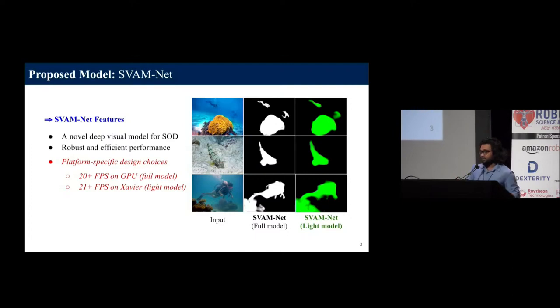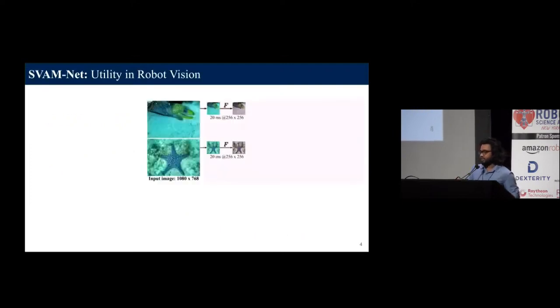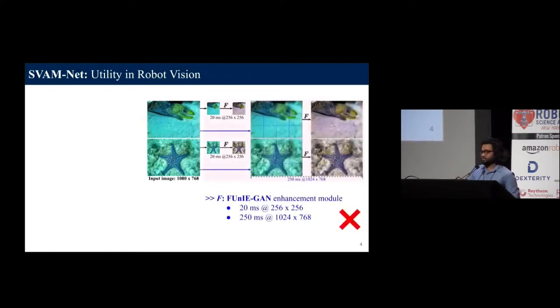Our full model runs at 20 frames per second on a 1080 GPU, and the light model runs at 20 frames per second on Jetson Xavier. Here's an example of how we can use SVAMnet for real-time robot vision. Imagine we want to perform enhancement on a full-resolution image from the robot's camera. We can use state-of-the-art models, but they run on very low input resolution, so the output will be something like 256 by 256.